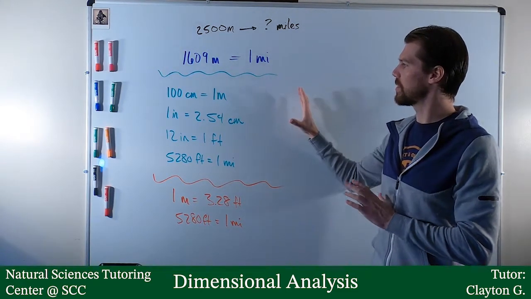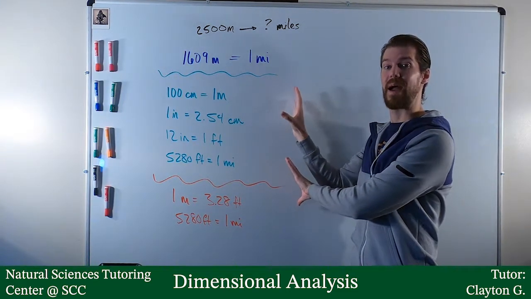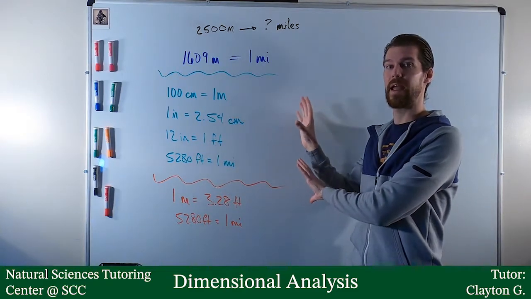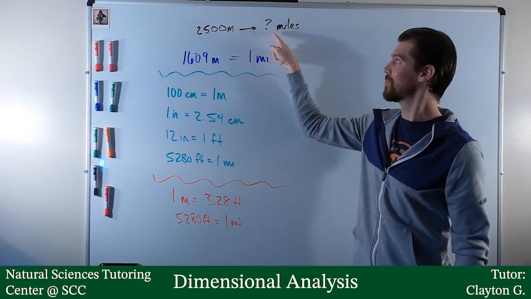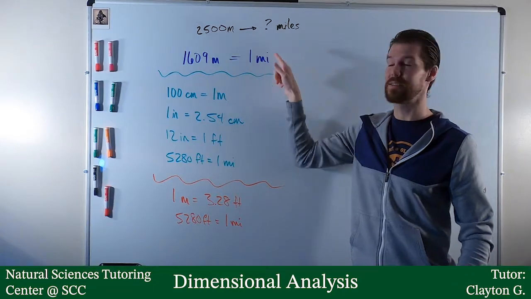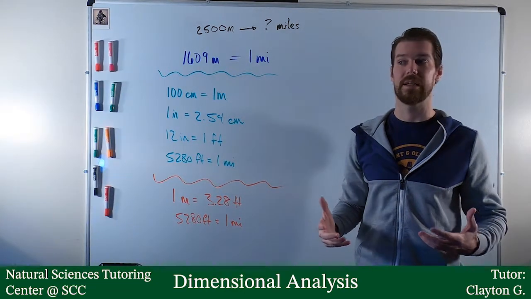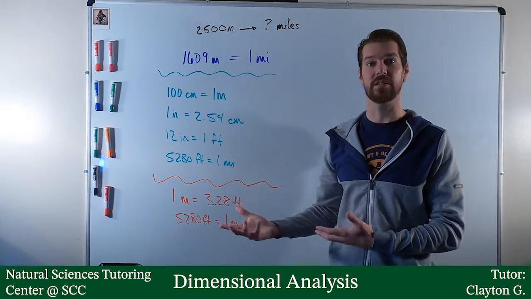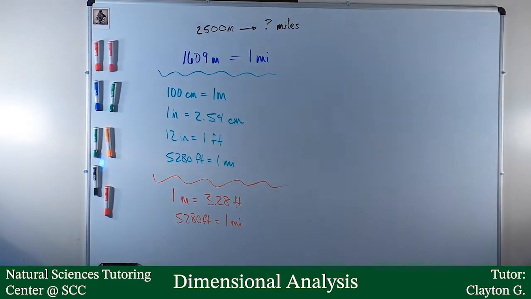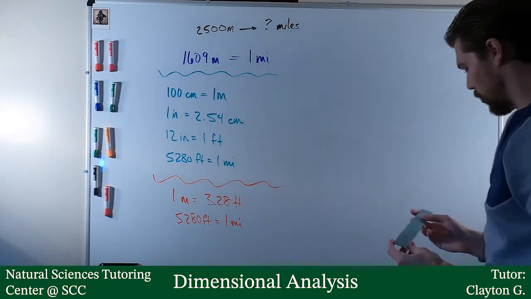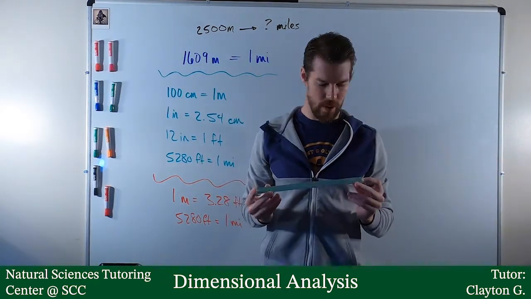So that's addressing the different pathways. There's not one right answer. There's one right answer for what this distance is. 2,500 meters is 2,500 meters no matter how you slice it. If I grab this ruler I have sitting up here, it says 12 inches.